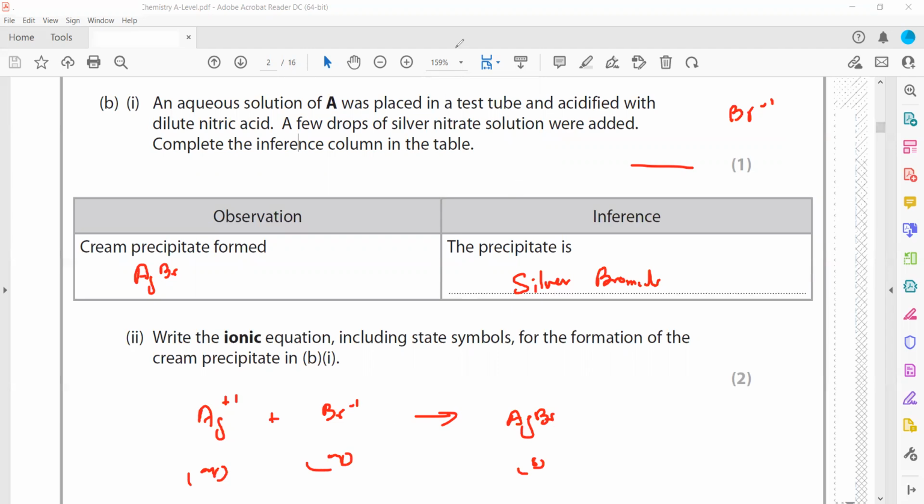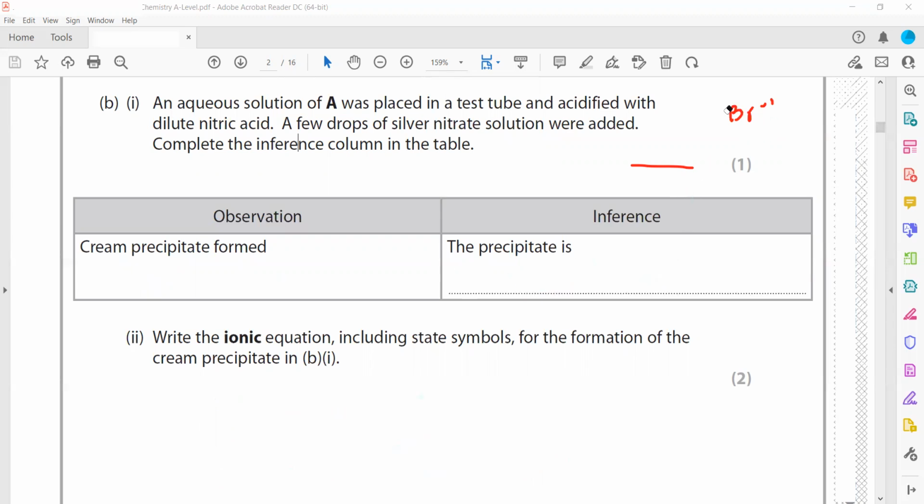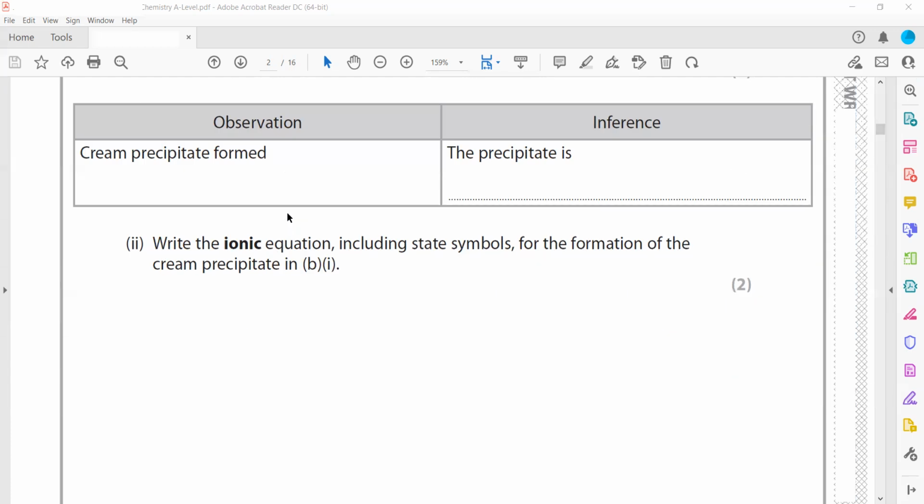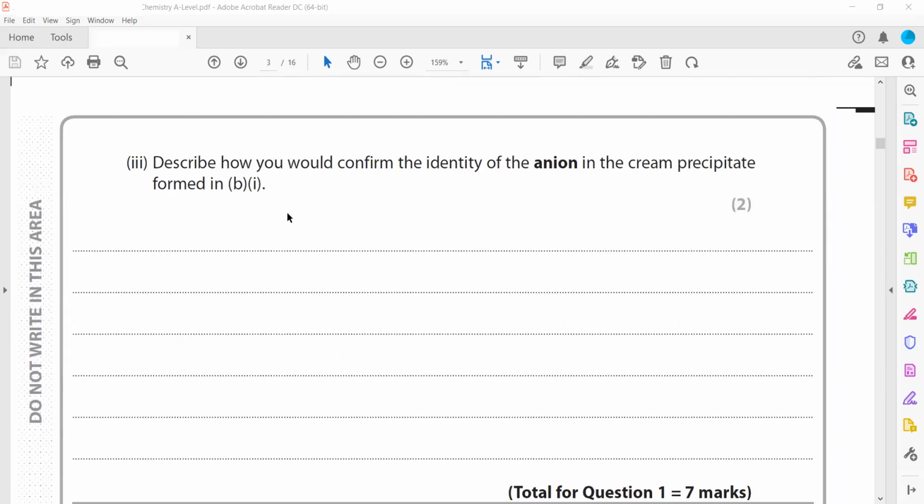So this precipitate is silver bromide. And for compound A, we now confirm, because it mentioned already that there is one cation and one anion, one of the ions is ammonium, another one is bromide. So this compound is actually ammonium bromide.